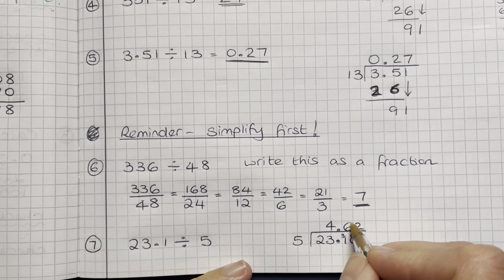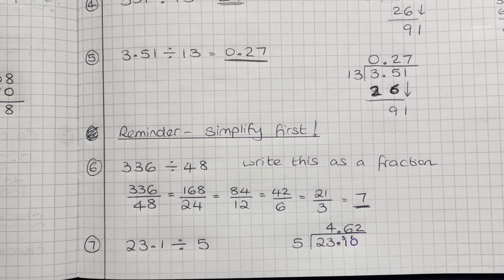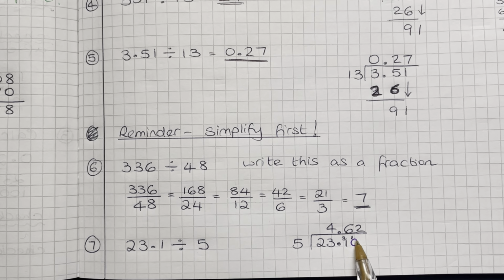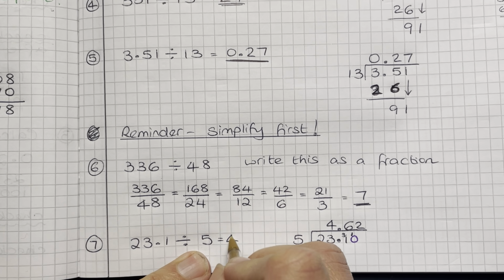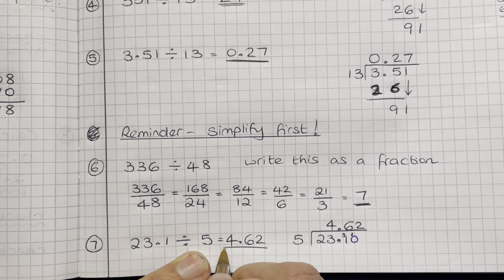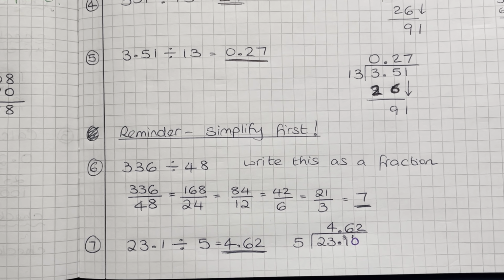So whether you do it using short division or long division, it doesn't matter. The key thing is to add a placeholder here so that you can get your answer to 2 decimal places, in this case 4.62 being our answer.